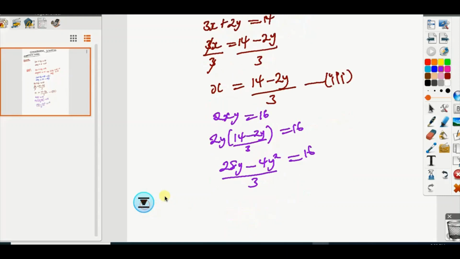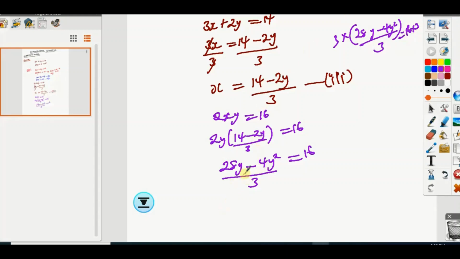What we can do here is multiply the left-hand side by 3 and the right-hand side by 3, for us to cancel this 3 out, right? So we have (28y minus 4y squared) over 3 multiplied by 3, and 16 multiplied by 3. That's what I'm trying to explain.